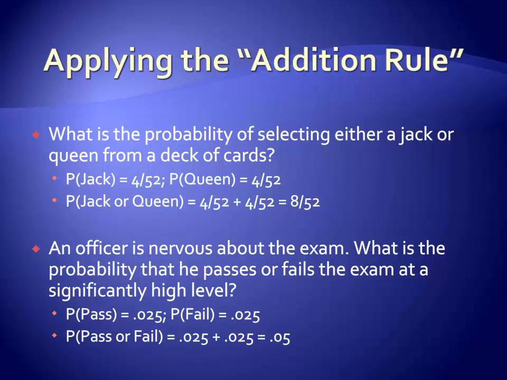The addition rule of probability is applied when we need to determine the probability of x or y happening. Note that the addition rule is not limited to only two events. As shown in the examples here, these probabilities are determined by adding the probability of x to the probability of y.